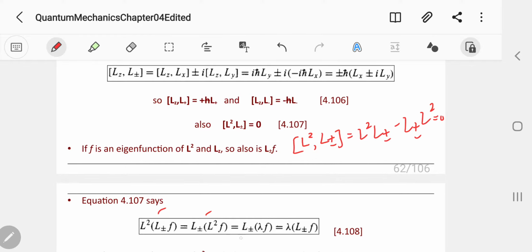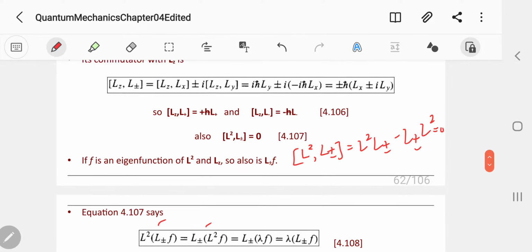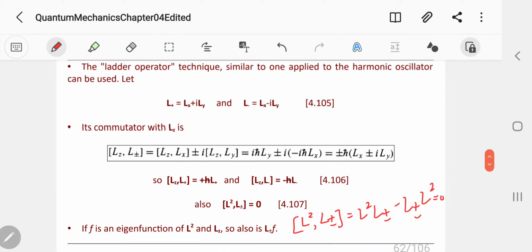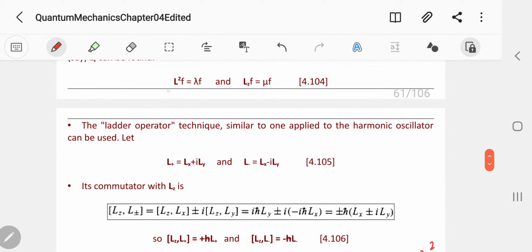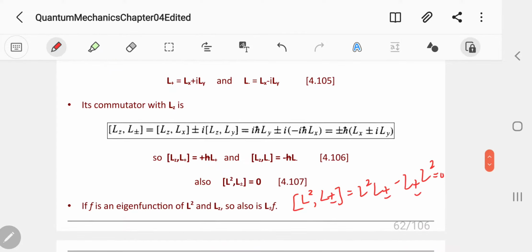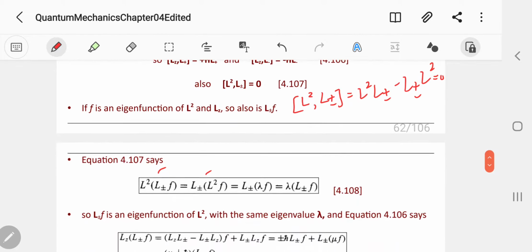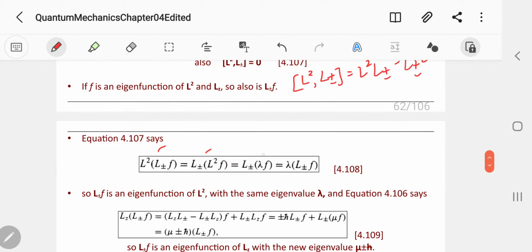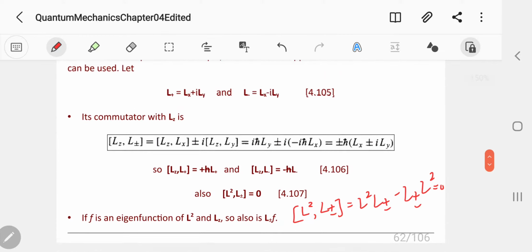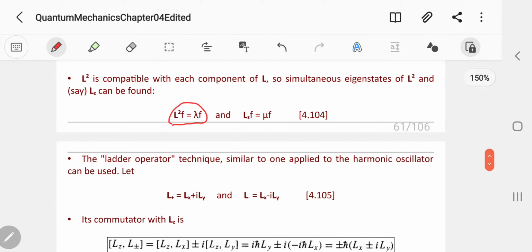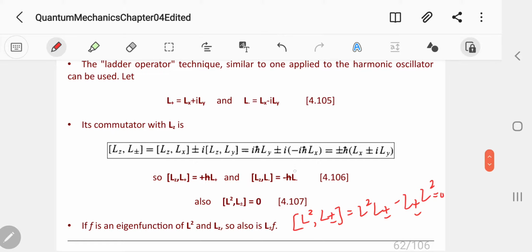And L square f would just be lambda f, and Lz f would just be mu f. Oh no, h bar, sorry.